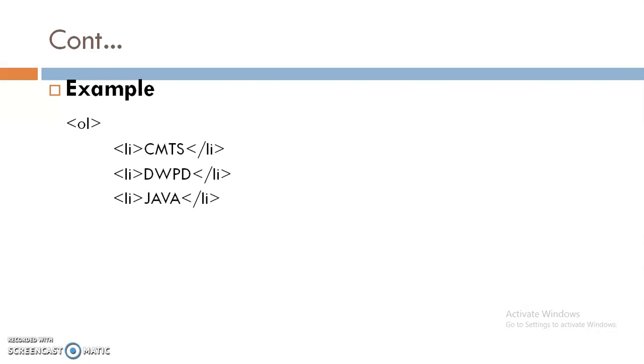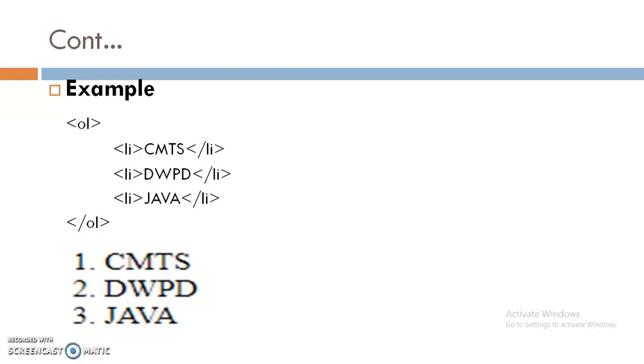After this, the tag /OL is used for closing of the ordered list. Now the output of this code is like this. Here I am not using any type or start attribute, so by default the numbering is like 1, 2, 3.